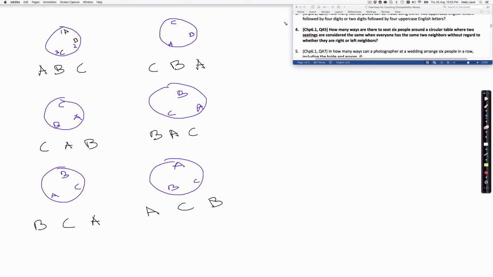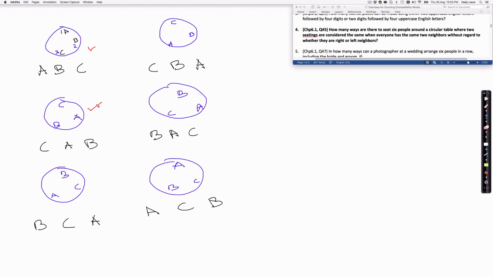Now, we're going to pay a little bit closer attention, and here we realize that some of these arrangements are essentially the same. Let's first consider this one and this one. In this case, A has 2 neighbors, which is B on this side and C on this side.